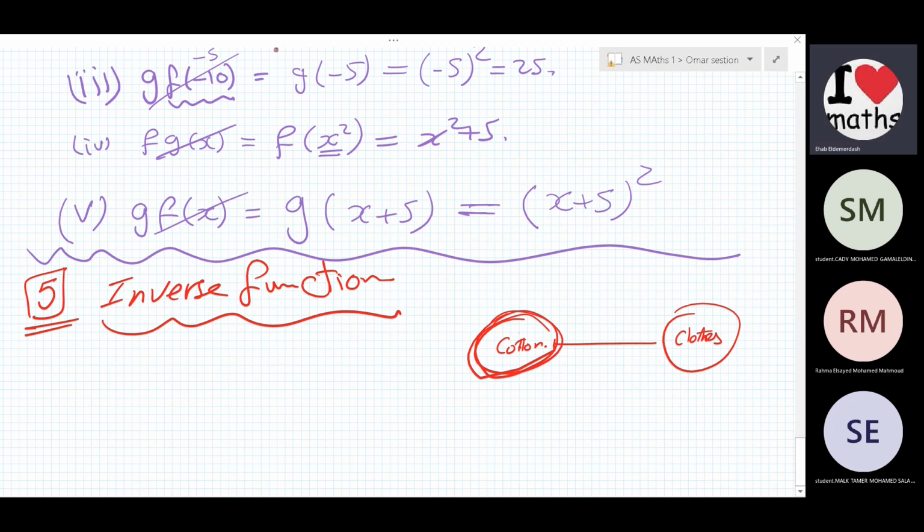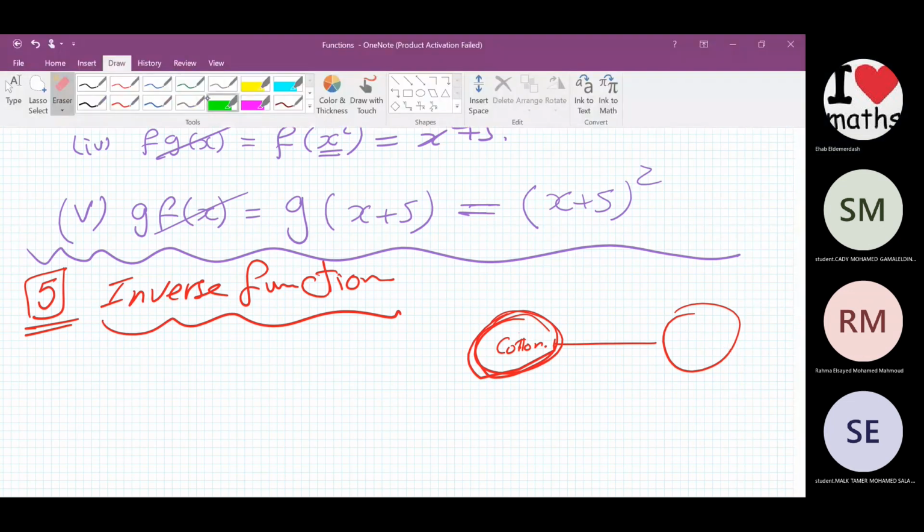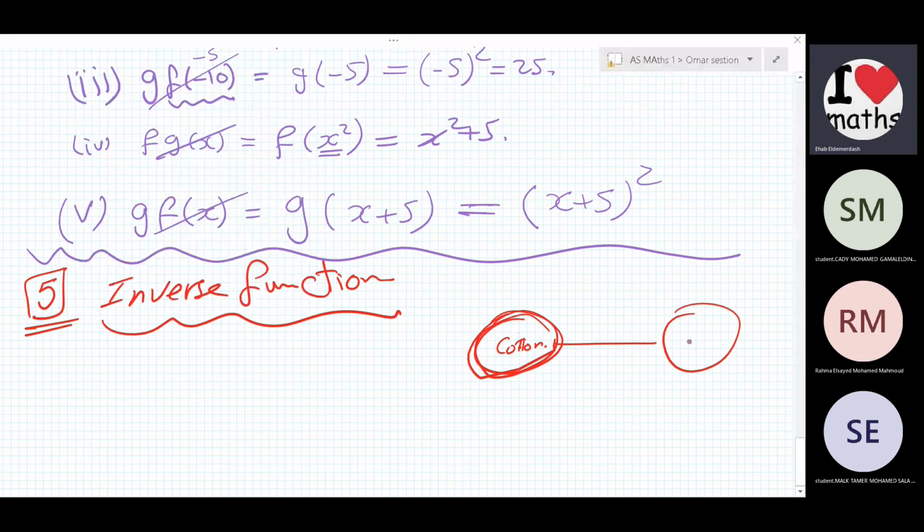So I'll put cotton to get fabric. clothes برضه يعني هدوم. طب قماش بس كلمة قماش بس. Fabric? Okay. So there is a machine that will take the cotton to make it fabric.